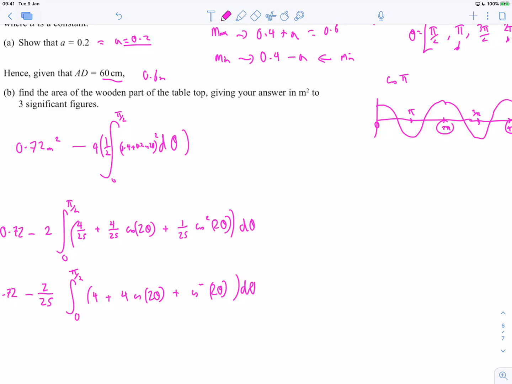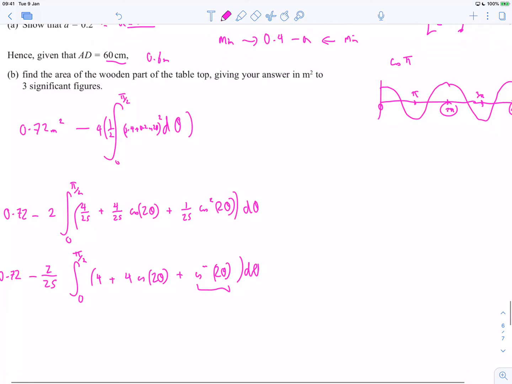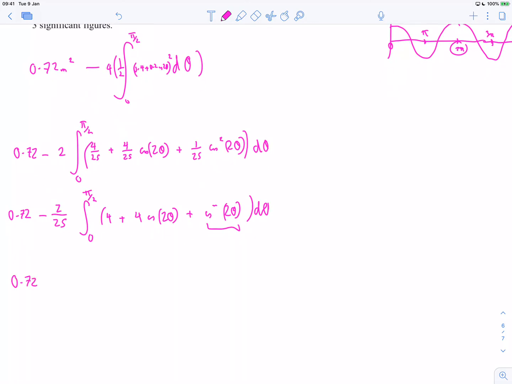Same deal again to integrate. The rest of them are quite easy to do. So this is going to be 0.72 minus 2 over 25 of 4 becomes 4 theta. 4 cos 2 theta is going to become 2 sine 2 theta. Cos squared, same rule again. Cosine 2 theta equals 2 cos squared theta minus 1. So that means a half of cosine 2 theta plus a half equals cosine squared theta.